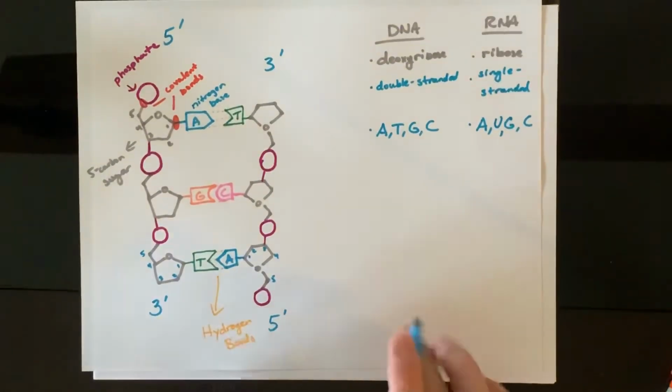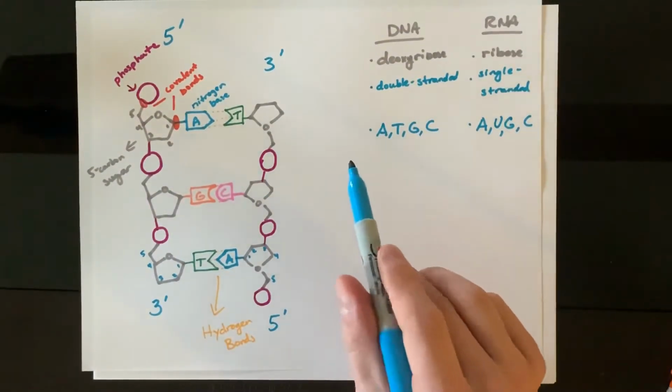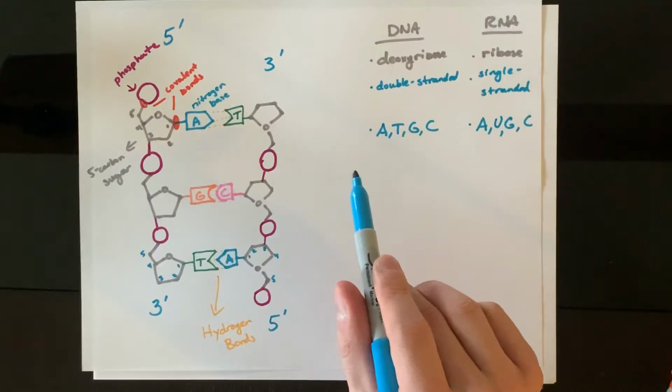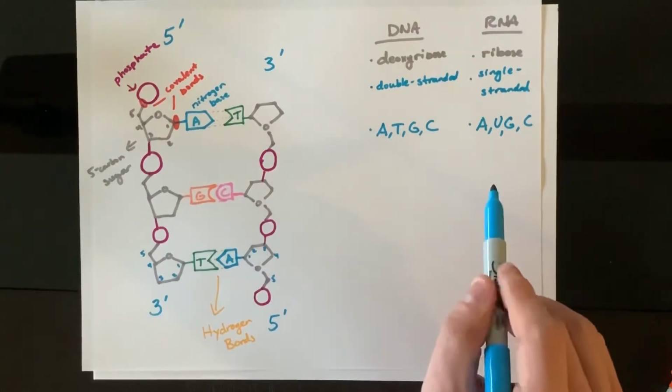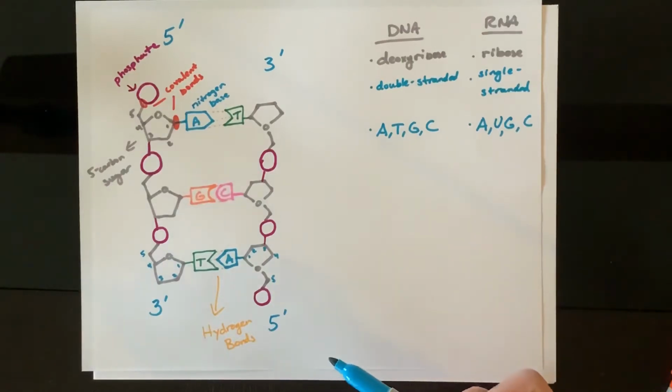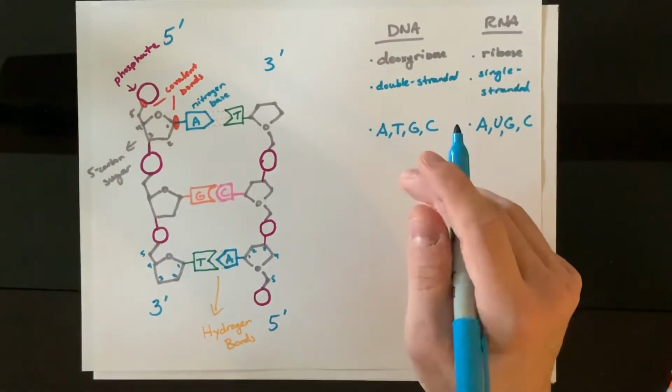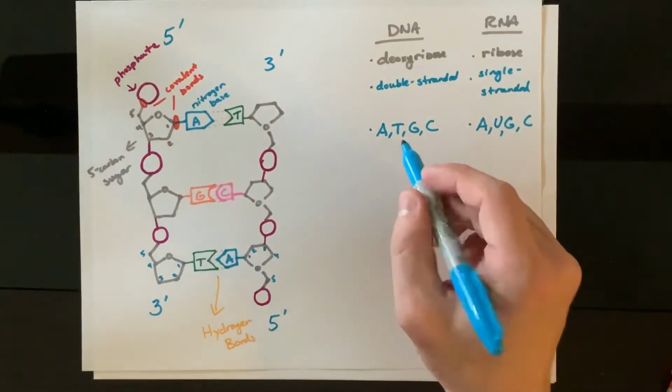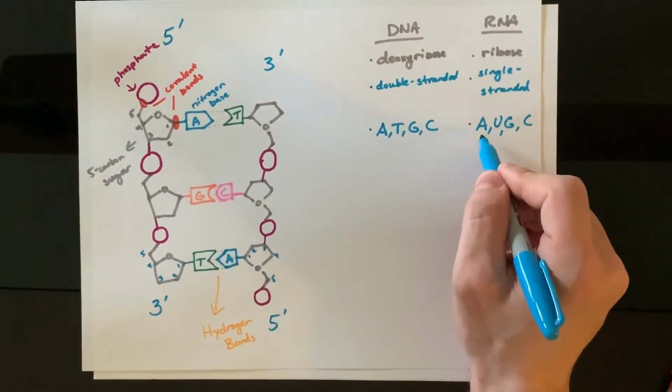So in RNA, if we have DNA and it's an A, RNA goes to U. So if we have DNA and it's an A, A goes to U. Okay, but if DNA is a T, it's going to go to A for RNA.